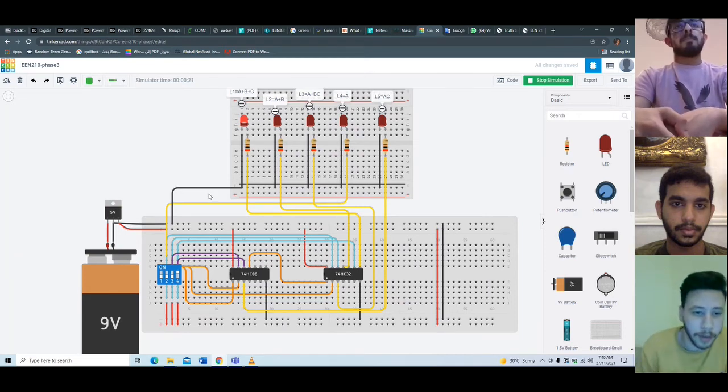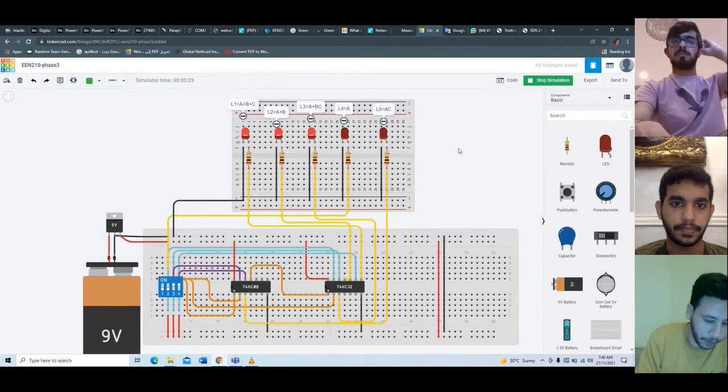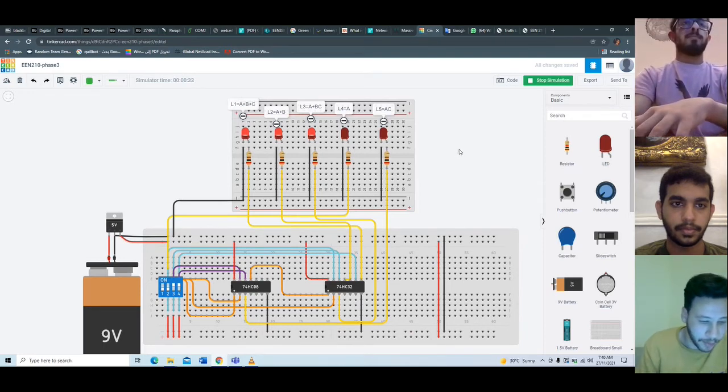If we have 0 1 1, the first 3 lamps are on. And in the case of 0 1 0, we have only 2 lamps on, lamp 1 and 2.